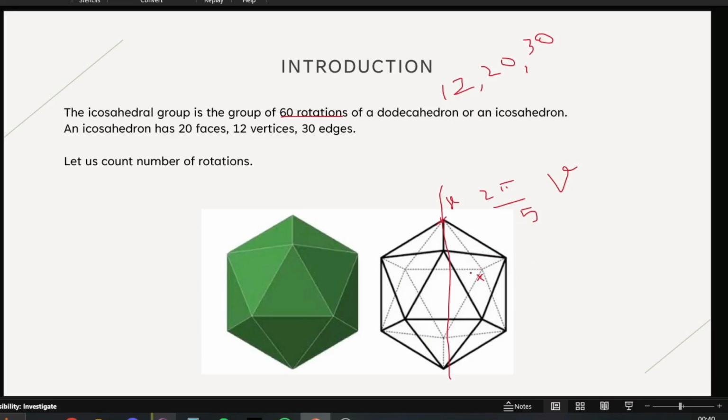And then next, if we take the face, we have a line going through the space to the center. This face will have a 2 pi by 3 rotation. So we have identity, a 120-degree rotation, and then a 240-degree rotation. So 2 pi by 3 is the minimum rotation for the face.